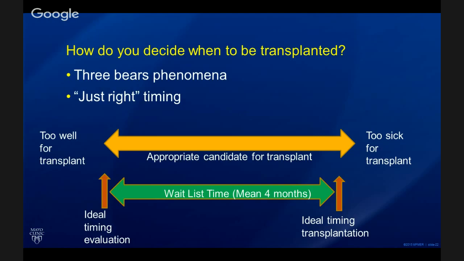So I say on this graph here that the ideal timing for a lung transplant evaluation is just at the cusp of when you're an appropriate candidate for transplant. However, it's very difficult for you or your physicians at times to discern that.